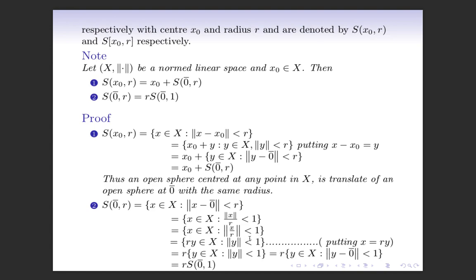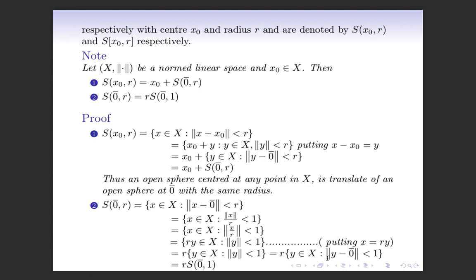And if we write x is equal to ry, then this set can be written as the set of ry's in capital X such that norm of y is strictly less than 1. Since here we are multiplying vector y by r with norm of y strictly less than 1, we can write r times the set of all y's in X such that norm of y is strictly less than 1.